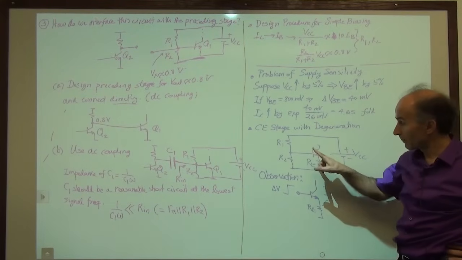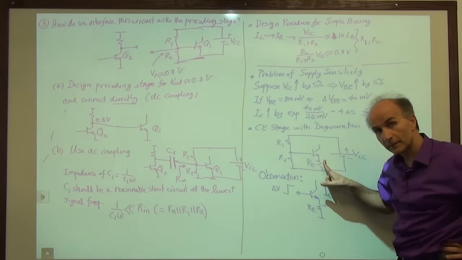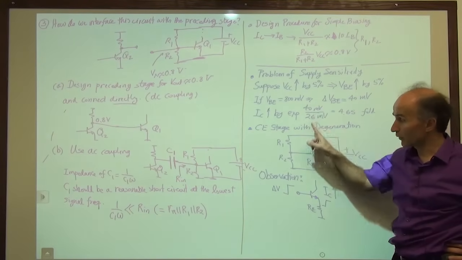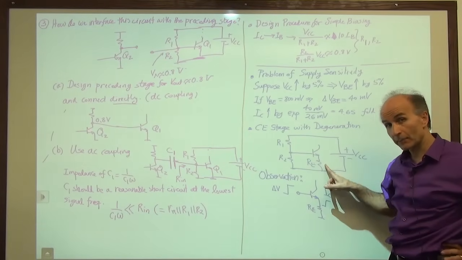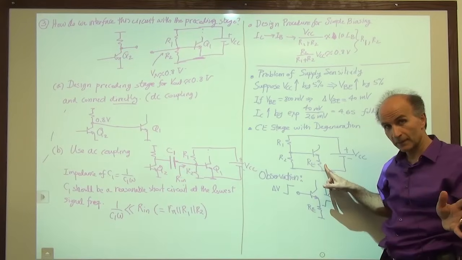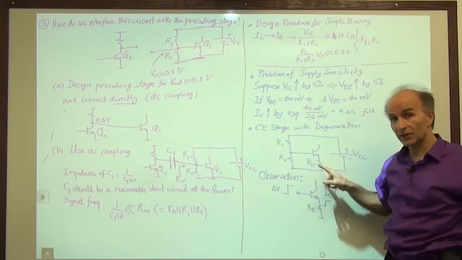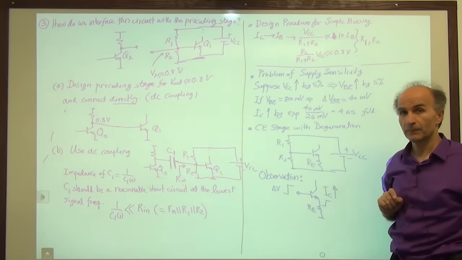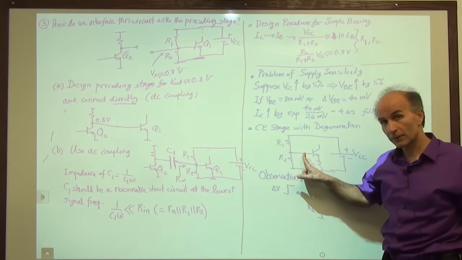So if the base goes up and the emitter goes up, going back to the example, if the base goes up by 40 millivolts, and the emitter goes up by some amount, we don't know how much, what we can say is that the base emitter voltage does not increase by 40 millivolts. So I repeat, the base voltage goes up by 40 millivolts.